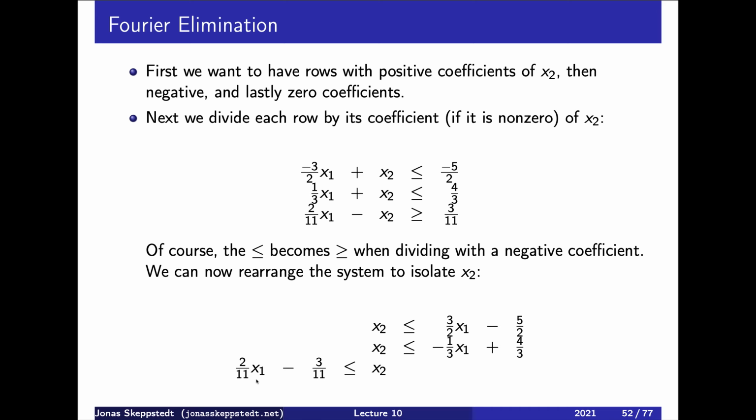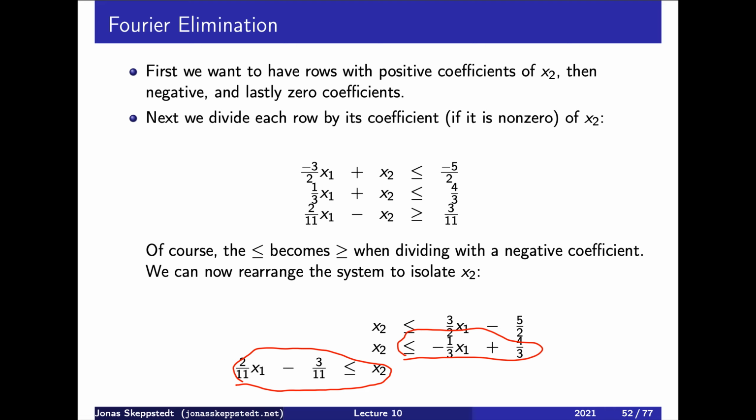And what we can do then is take this one and each of this one, one at a time, since this must be less than or equal to that, then we have eliminated x2.